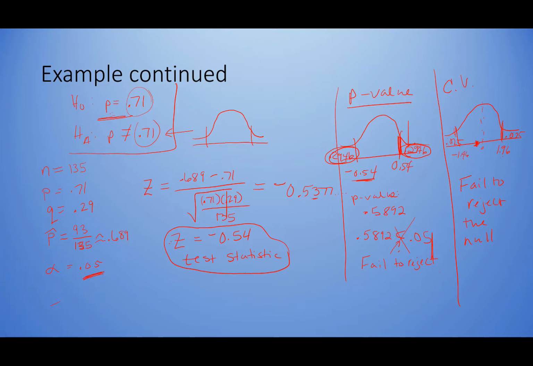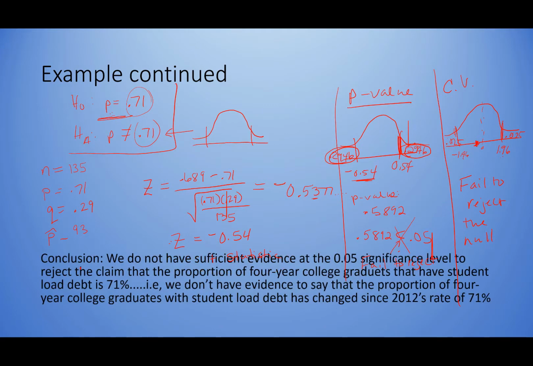This is by no means the only way to write the conclusion, but here's what I had written: we do not have sufficient evidence at the 0.05 significance level to reject the claim that the proportion of four-year college graduates that have student loan debt, oh, that should be an N there, is 71%. Basically, we don't have evidence to say that the proportion of four-year college graduates with student loan debt has changed since the 2012 rate of 71%.